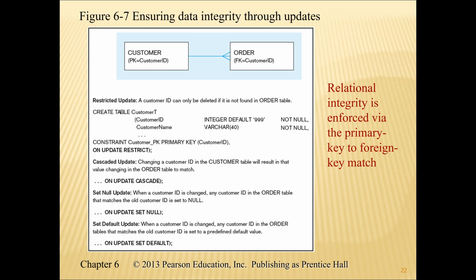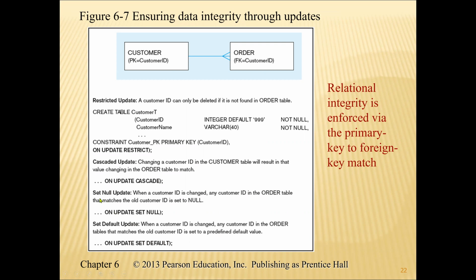I'll wait a few seconds if we have questions. So that's the update cascade, making sure if we change something in one table, it is changed in the other table if they have a relationship, and that always happens. Otherwise, we are going to have inconsistency in our data.